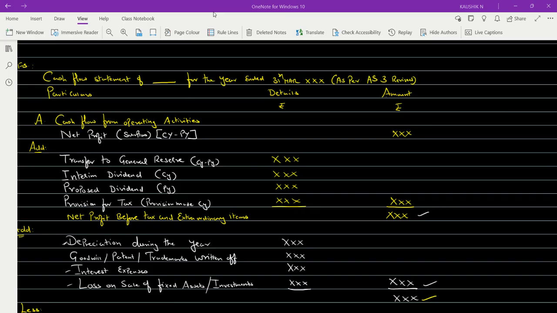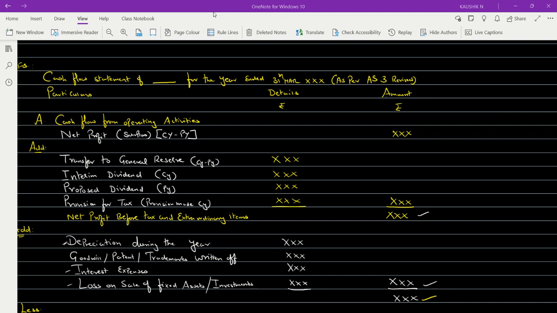Any assets, not only fixed assets, even current assets, you will purchase and then sell off. That is the only possibility. And of course, when you sell those fixed assets at a particular rate, you may come across a profit or you may end up with a loss, right? But that profit and loss will not be shown in this investing activity.